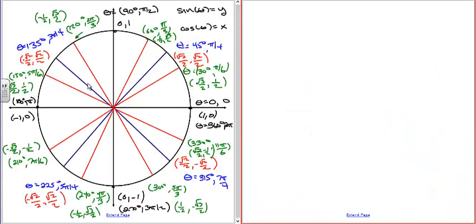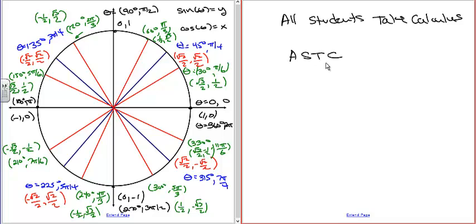Now, to remember that sign situation, there's this phrase: all students take calculus. Obviously, that's not true, but you take the first letters, A, S, T, C. All students take calculus. What that's telling you is, in the different quadrants, which trig functions are positive.